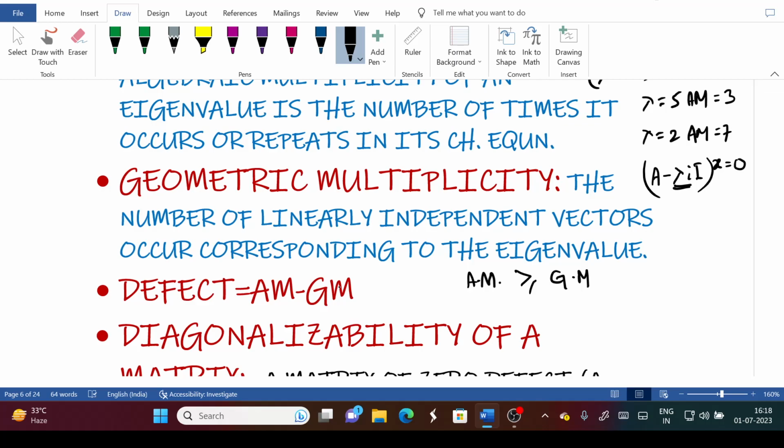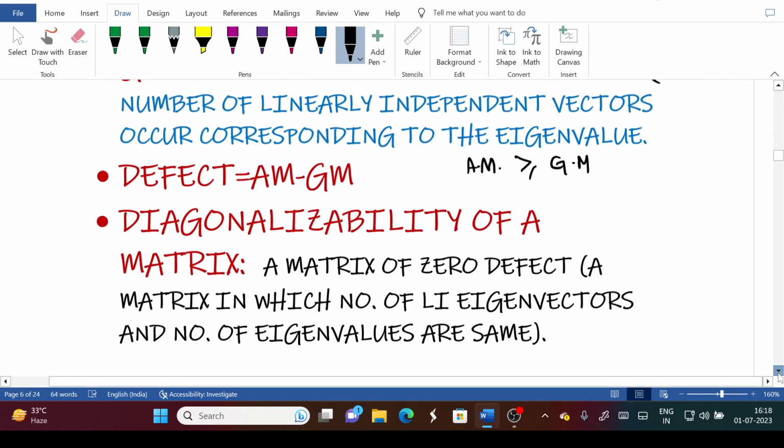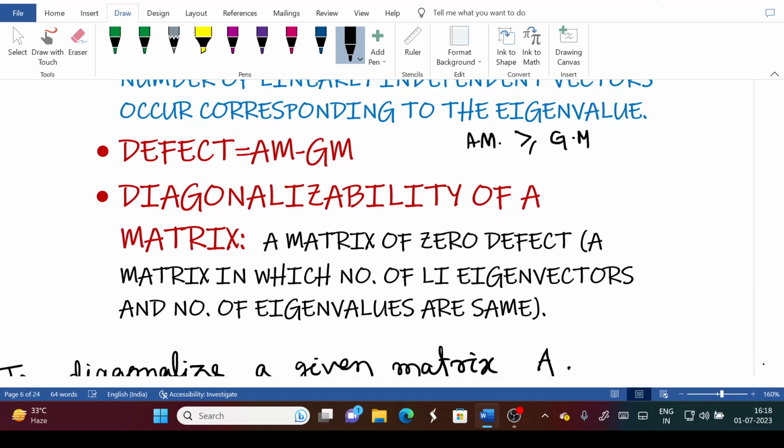If the defect of any eigenvalue is non-zero, then the matrix cannot be diagonalized. So what is the meaning of defect non-zero? A matrix with 0 defect is a diagonalizable matrix.